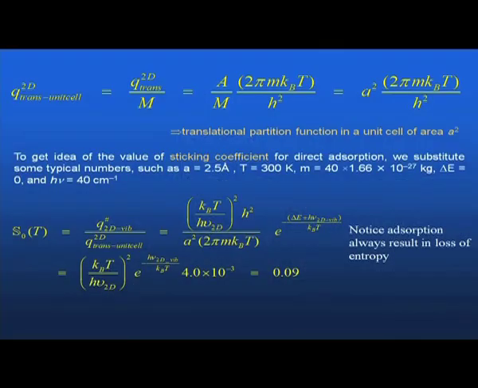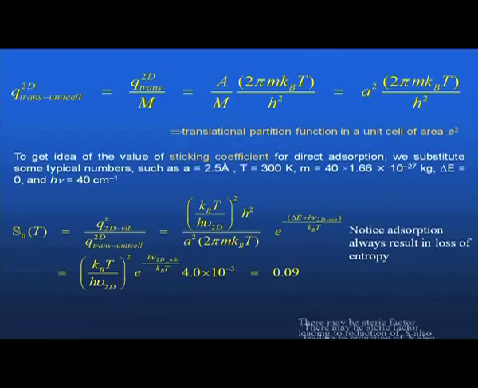And one more important point that we should think of is the adsorption process and the corresponding change in entropy. If something is adsorbed onto the surface like this, before adsorption it had more degrees of freedom to move.